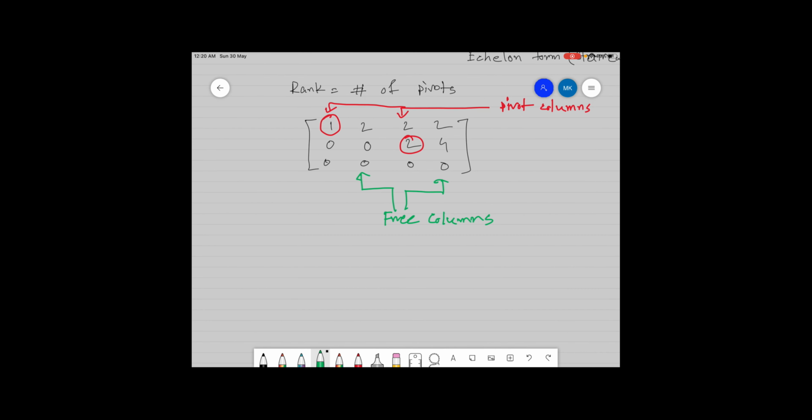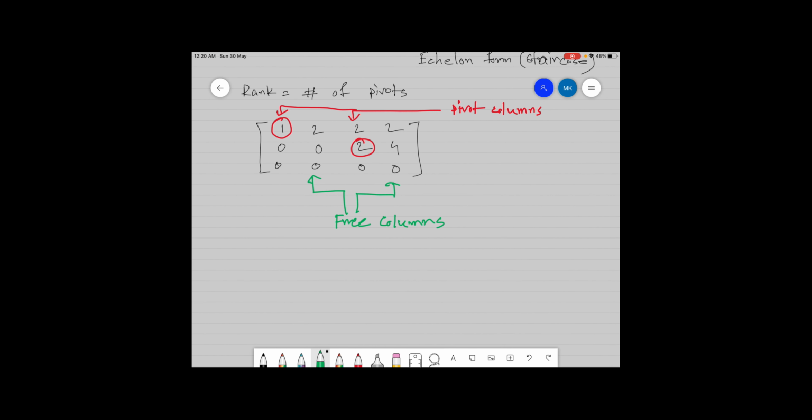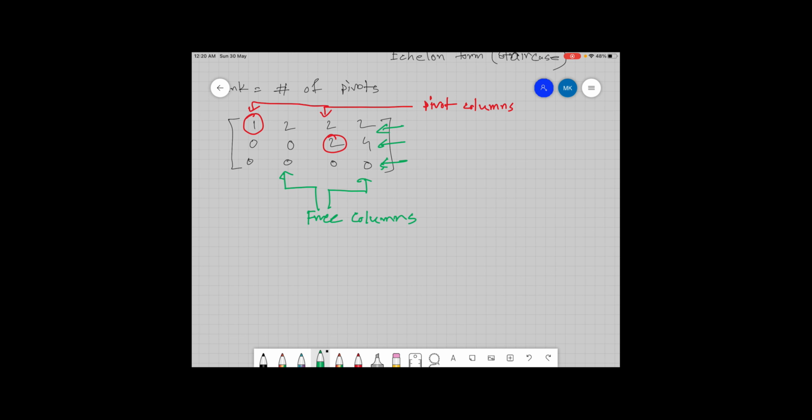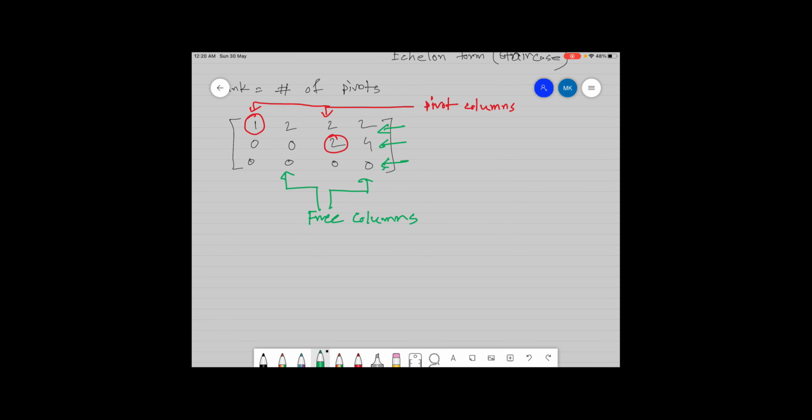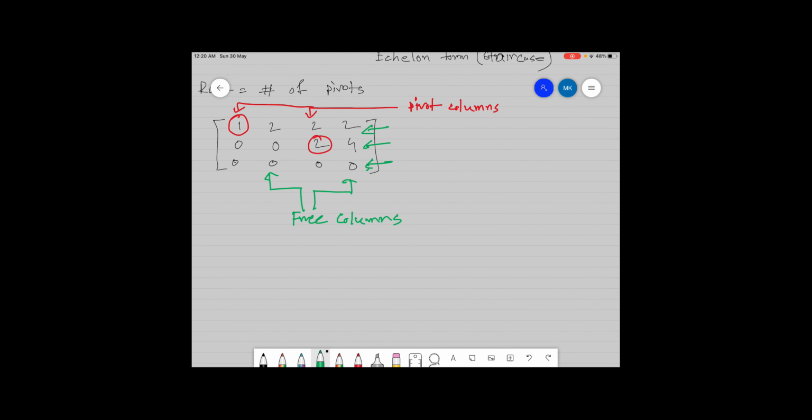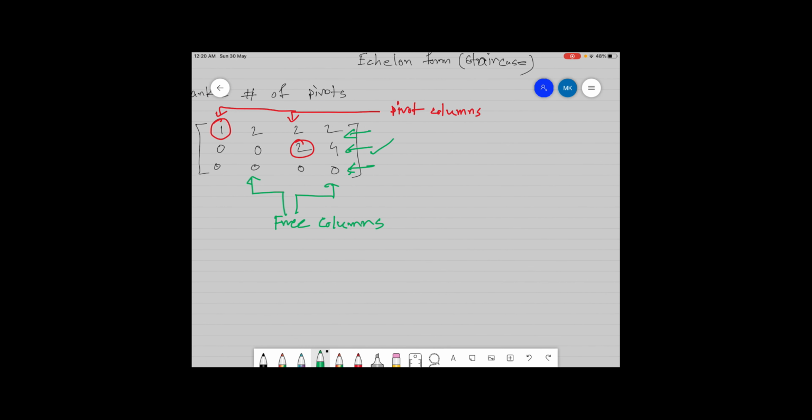From this we can write down 2 equations. The first equation is from this row, that is 2 into x3 plus 4 into x4 equals 0, because you have all zeros at the right hand side.